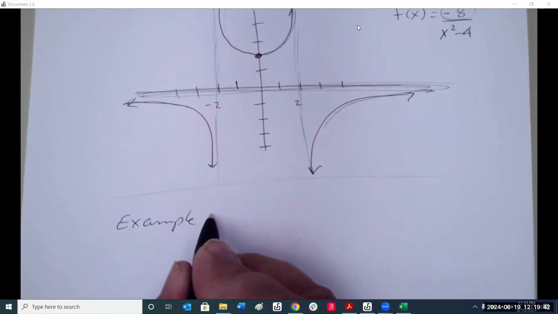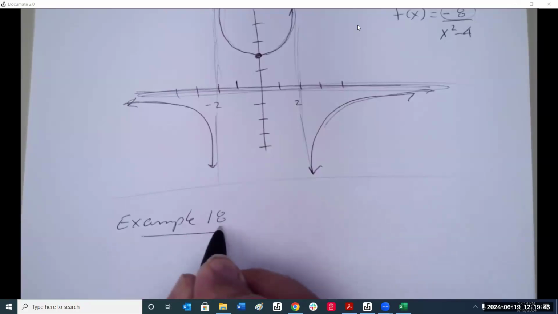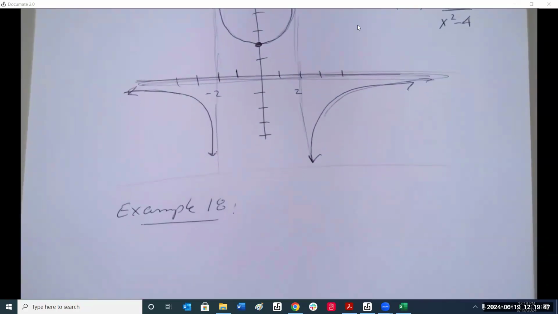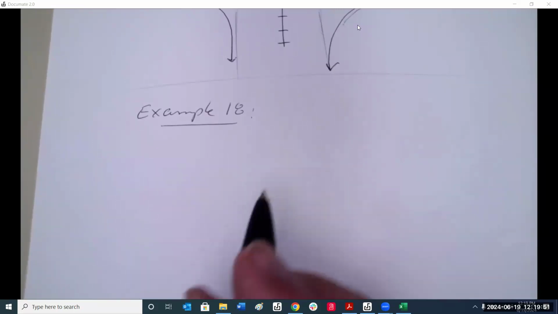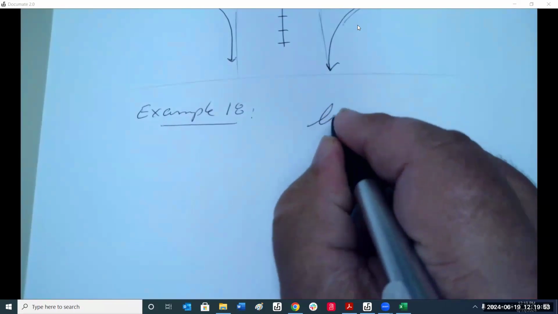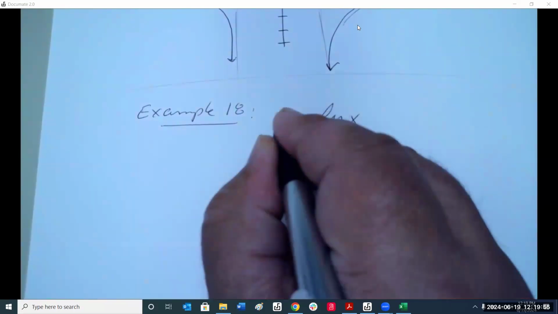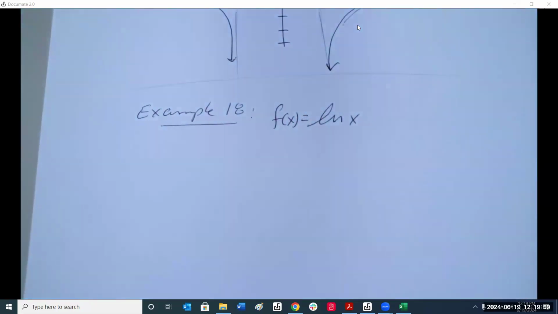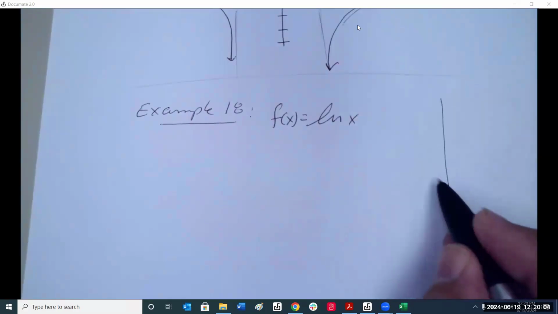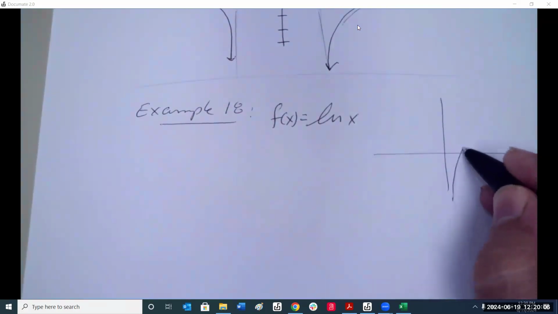Example, that was number 17, number 18. The graph of the natural log function: our function is ln x, and it looks like this.